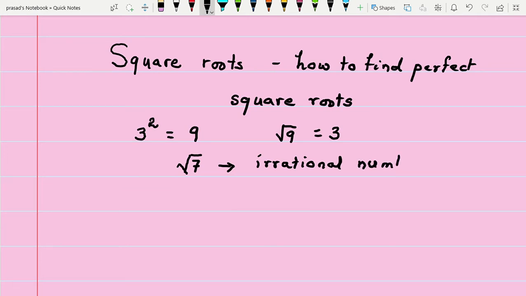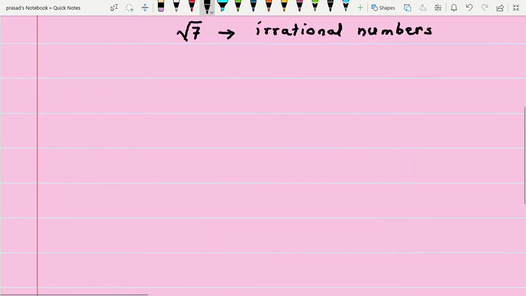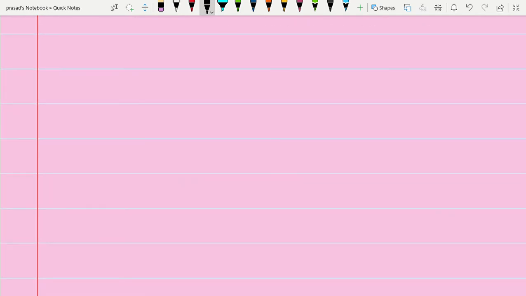Now when we are finding square roots, we have to keep certain things in mind. So let us consider this first. We'll see the numbers from 1 to 10 and their squares.